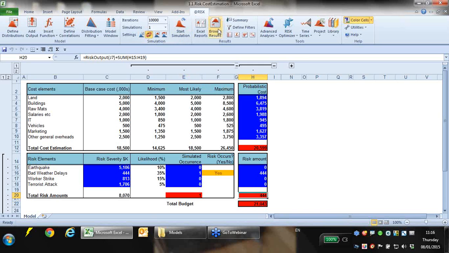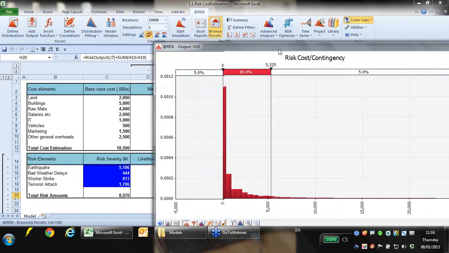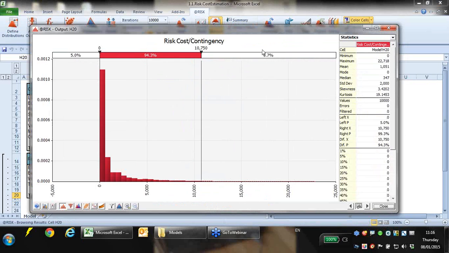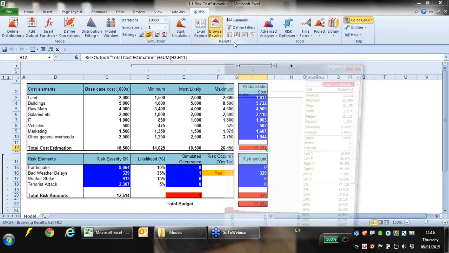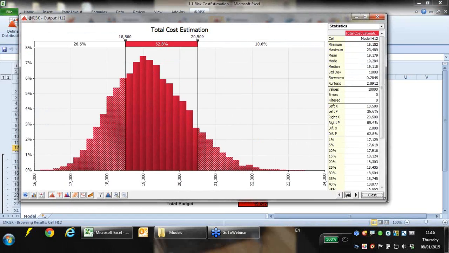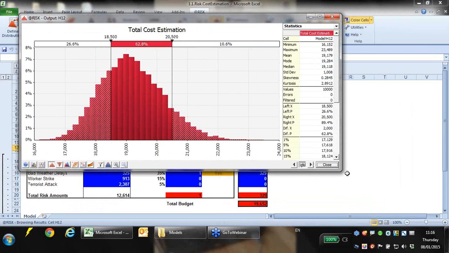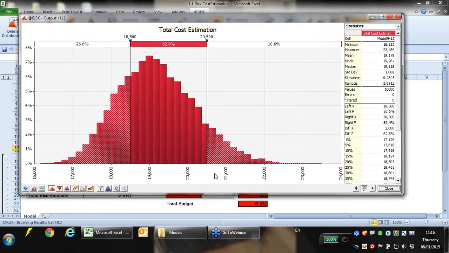We have a range of values, and we can derive our confidence levels for that range. But what I wanted to do here was show the impact of the risks occurring to our project model. If I go to my results, here's my original project cost without any risks applied to it.